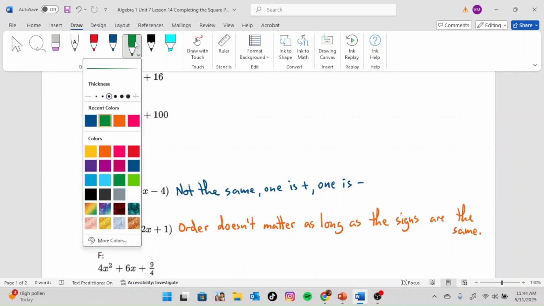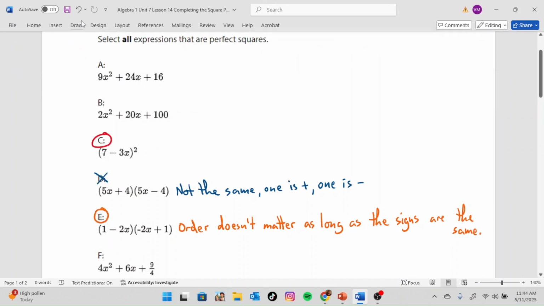Now, let's look at the ones that are not so obvious, the ones that are written in standard form. So in standard form, for this to be a perfect square, here's what you need.